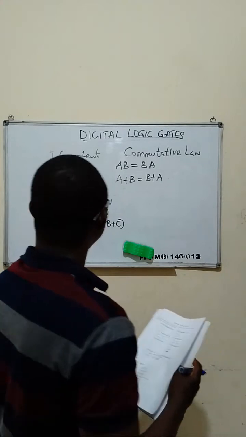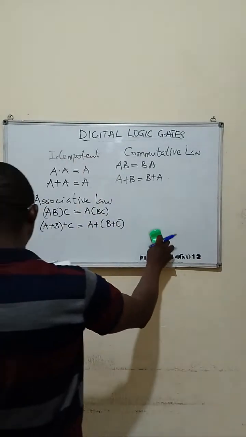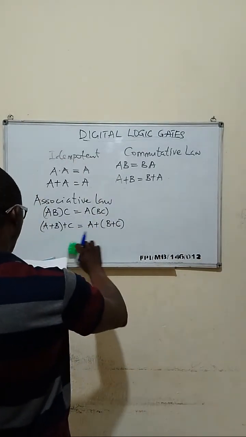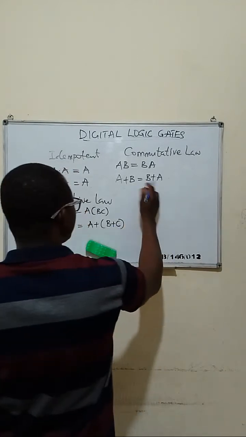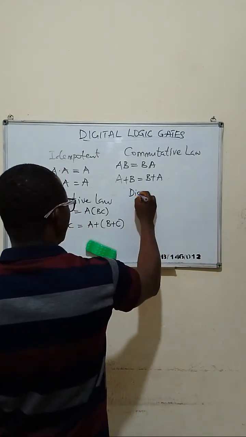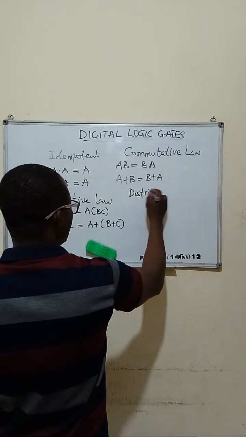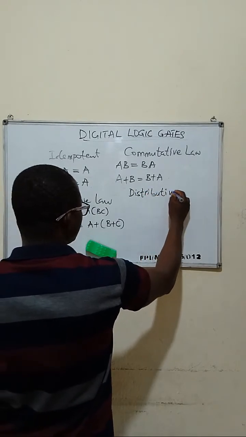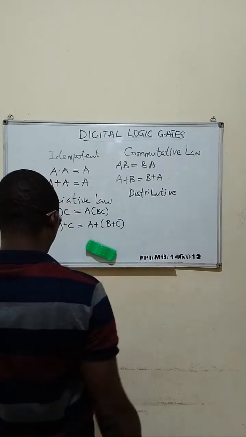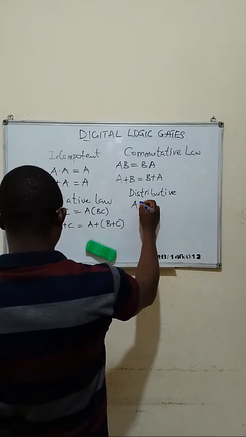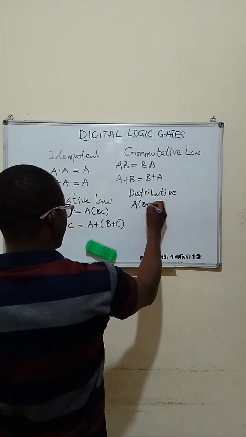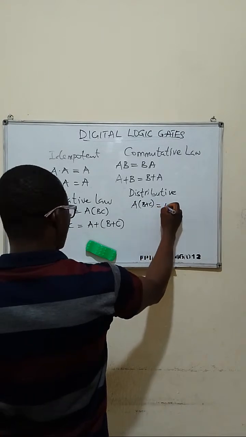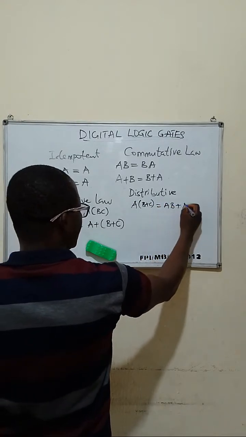All right. Now let's look at the next one. We have distributive law. Distributive law. Okay. For distributive law, we can have A bracket B plus C equals AB plus AC.